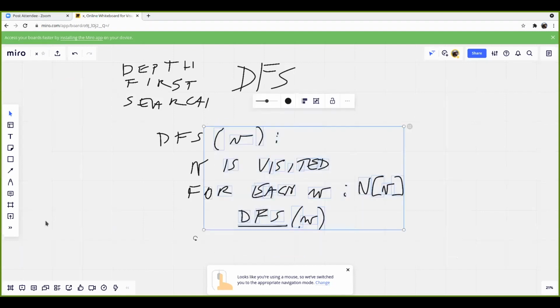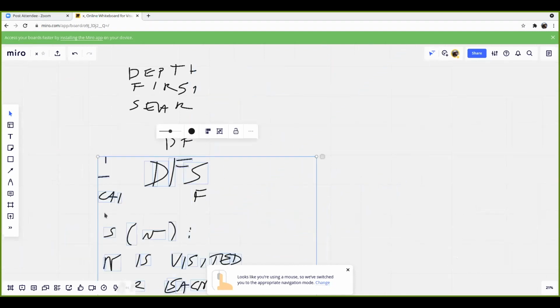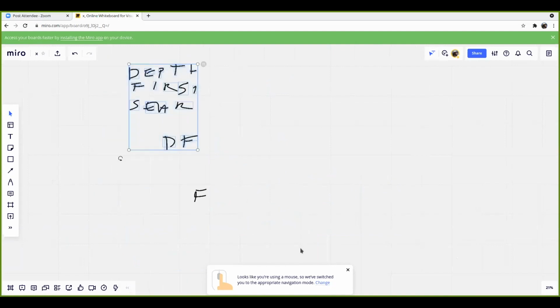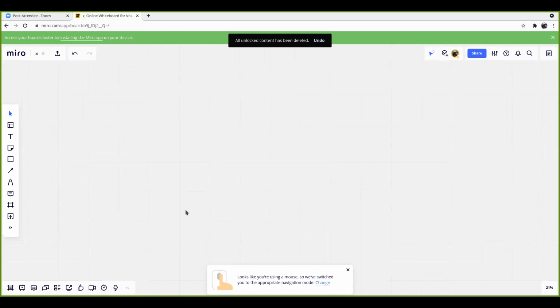So what this looks like on an example graph. Suppose we have something like this. So this is maybe the vertex where we are starting, and there is a bunch more of vertices in the graph.